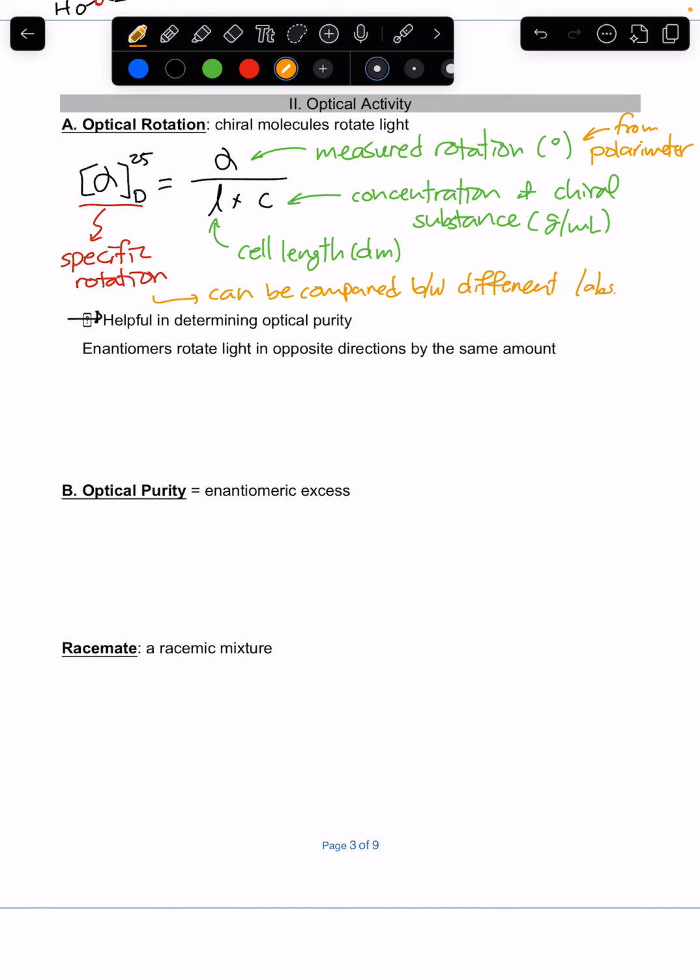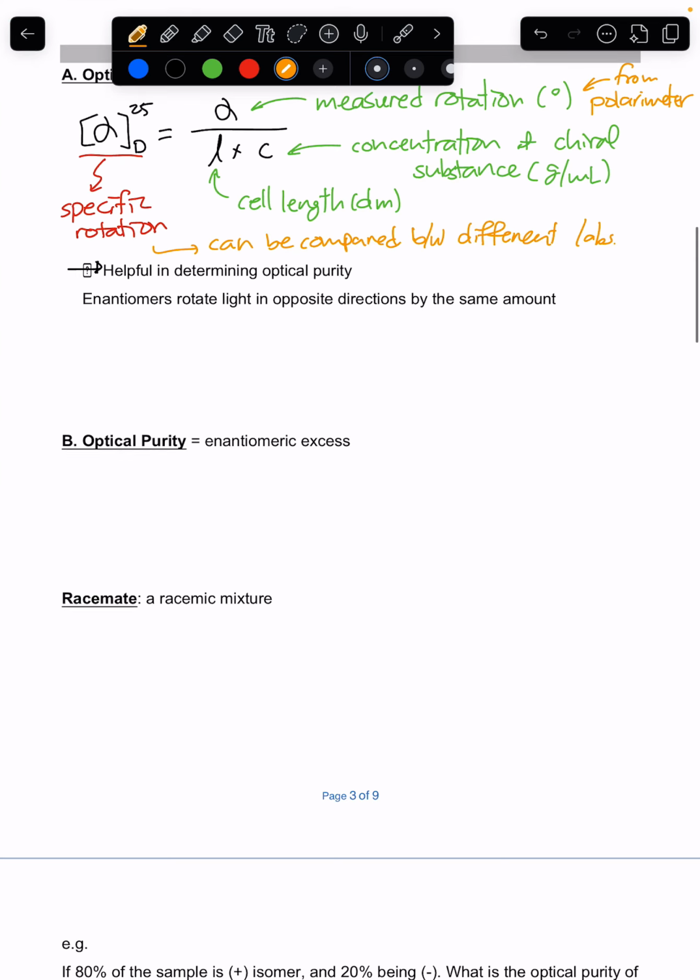Often that's used a lot in the food industry, especially in the sugar industry or some sort of carbohydrate industry, because depending on which type of sugar you have, whether it's fructose or glucose, they rotate the light. Those are all chiral molecules. They rotate the light in different amounts, and so that's what they take advantage of to determine what kind of sugar, how much you have of it, and stuff like that.